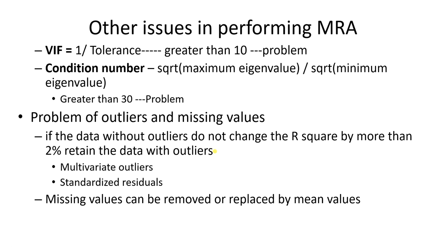So we will do two analyses, one with outliers, one without outliers, and if the result is almost similar, then some researchers suggest we can keep the outliers. But it is always better, if we have a larger sample, to remove the outliers. If we have a smaller sample, then we can go for this strategy. Similarly, missing values, if they are few, can be removed or replaced using mean values.